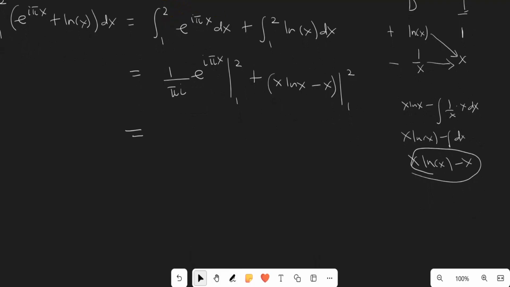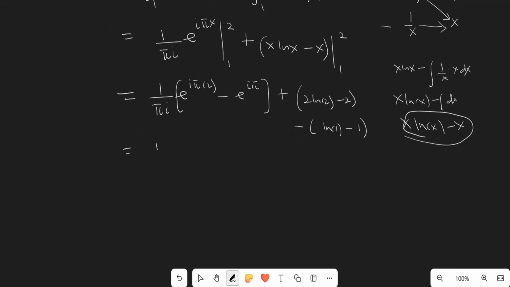So we can plug in our limits really. That is 1 over pi i, e to the i pi times 2 minus e to the i pi times 1, and then plus 2 ln of 2 minus 2, minus the lower limit, which is 1 ln of 1 minus 1. Okay, so this is 1 all over pi i.